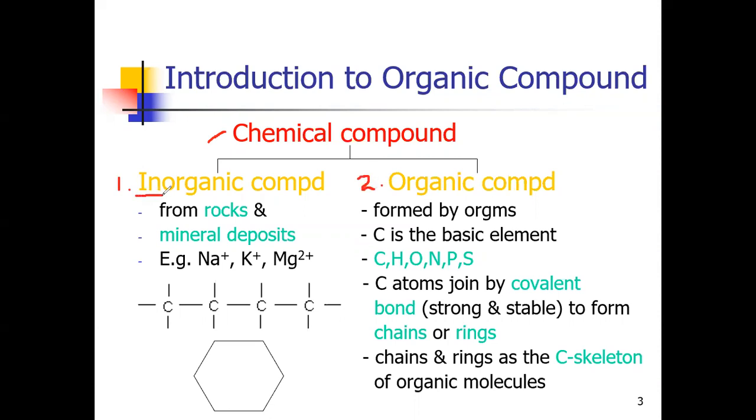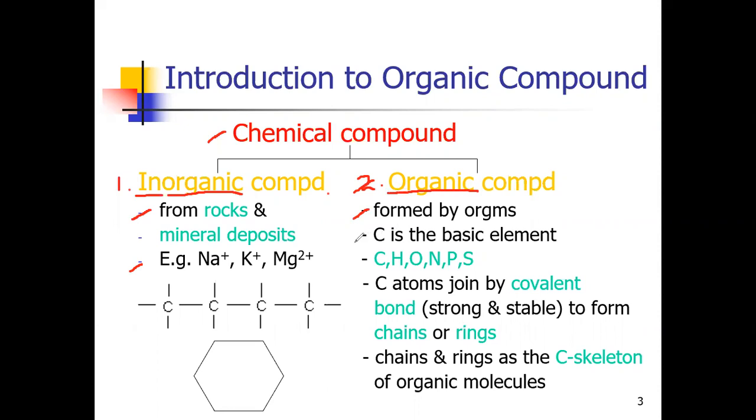Inorganic compounds are found in rocks and mineral deposits, for example sodium ion, potassium ion, magnesium, gold, silver, and so on. Whereas organic compounds are formed by organisms.